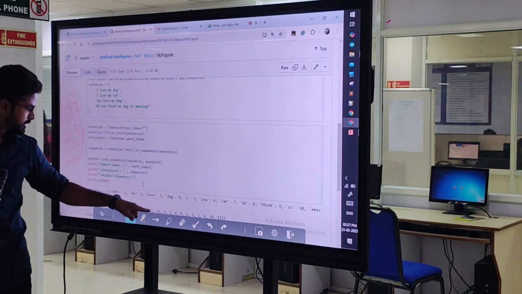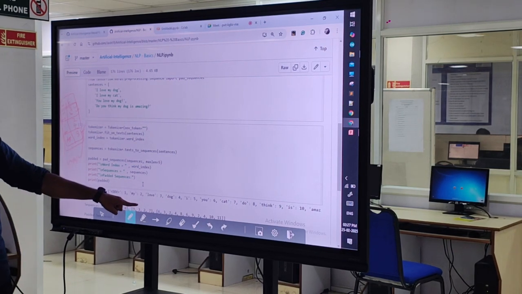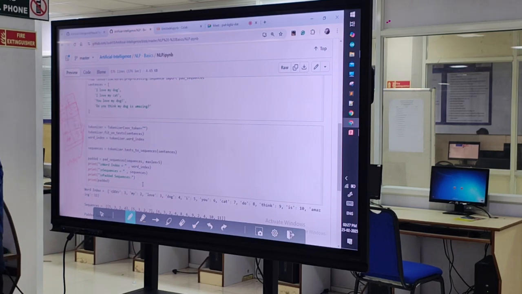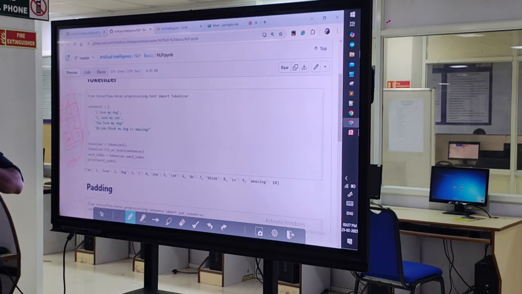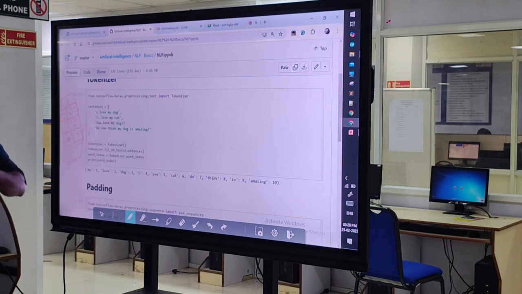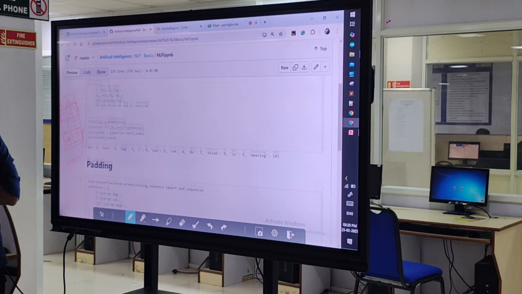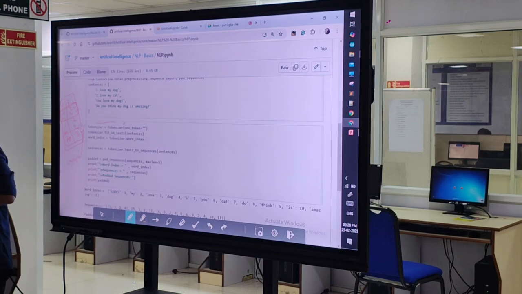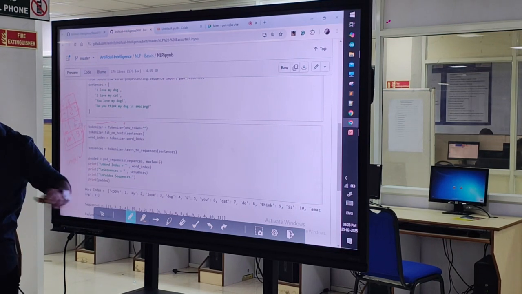The third sequence has a comma, so I think it was not split with this, and since there is no comma, it took the entire text as a sentence. So this is how the sequences have been created.